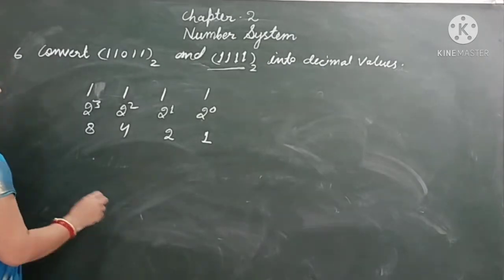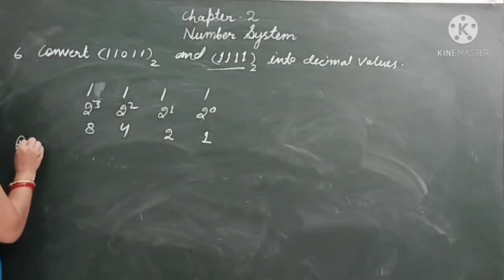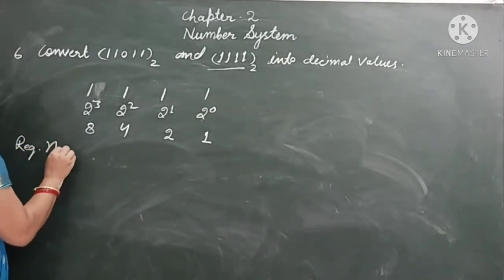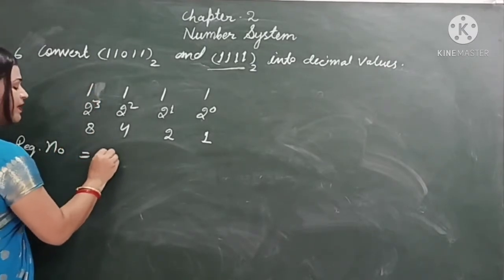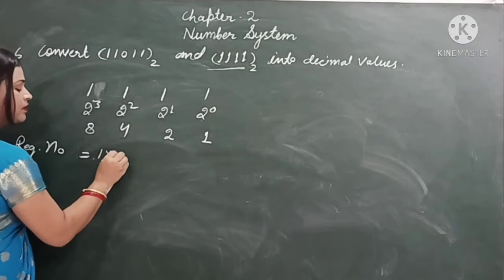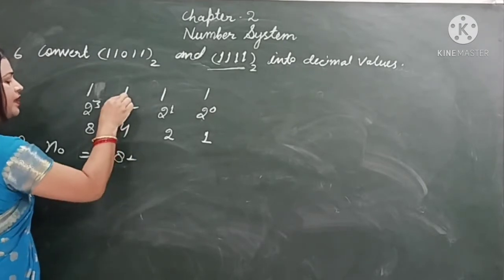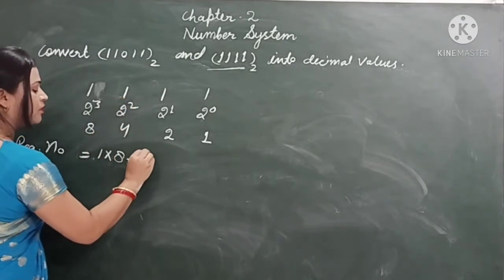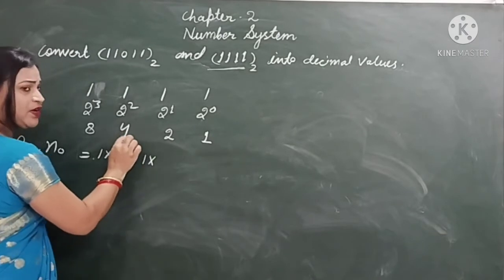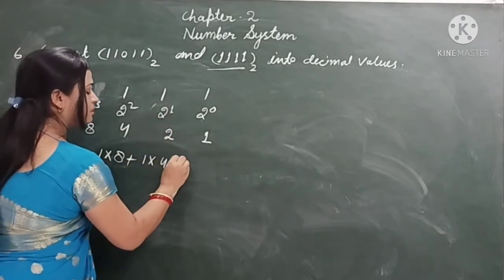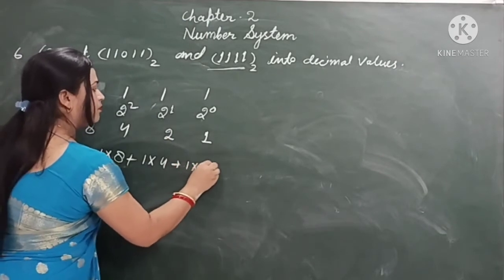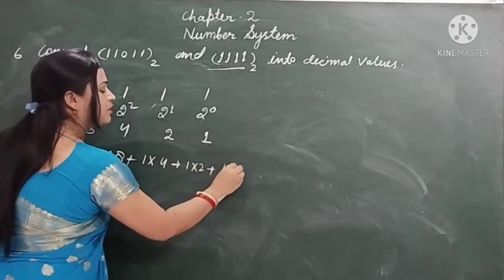Now the required number is equal to each digit into its place value: 1 into 8, plus 1 into 4, plus 1 into 2, plus 1 into 1.